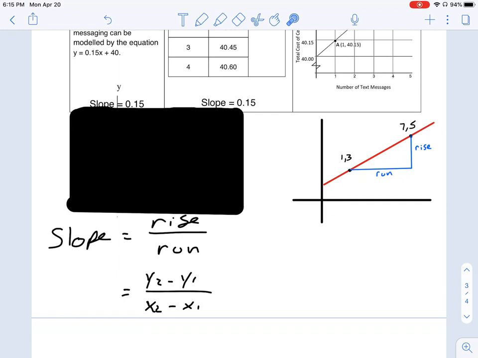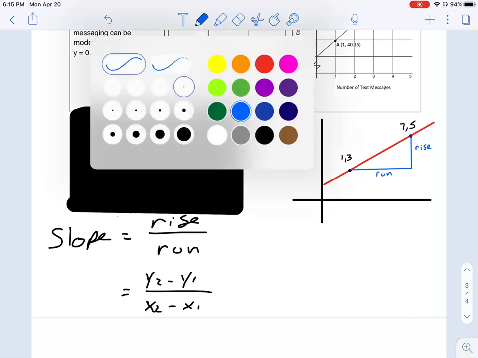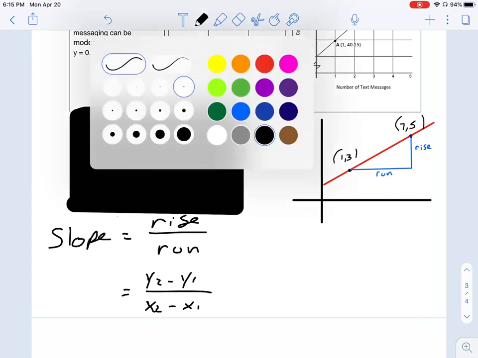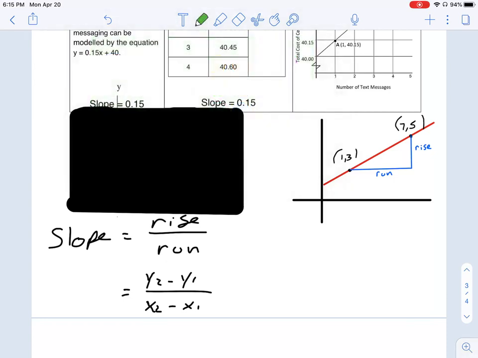So if we were going to try it outside of those 2 examples, we have a line here, that is, our first point is at 1 and 3, and our second point is at 7 and 5. We're following this formula. We're going to use y2 minus y1.